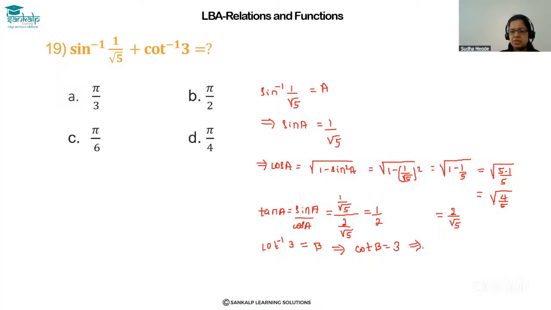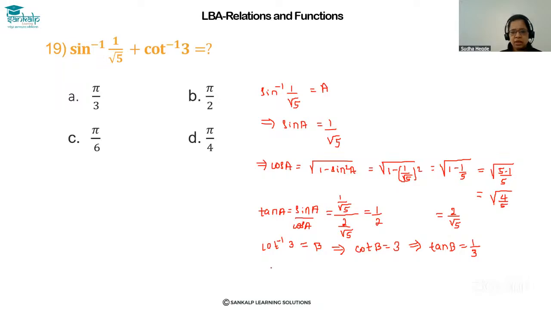That implies tan B is equal to what? 1 by 3, because cot theta is equal to 1 by tan theta.